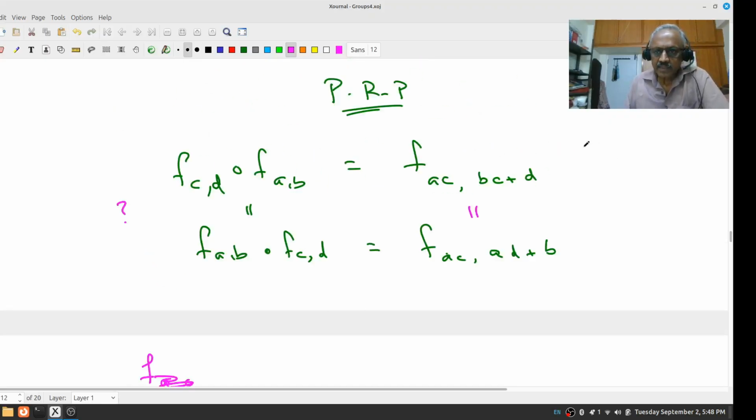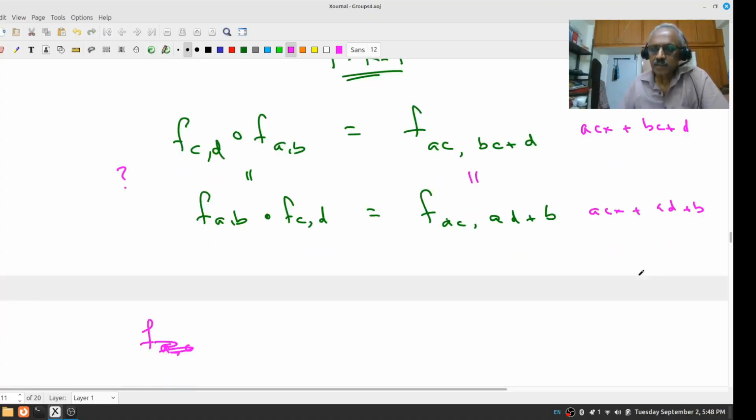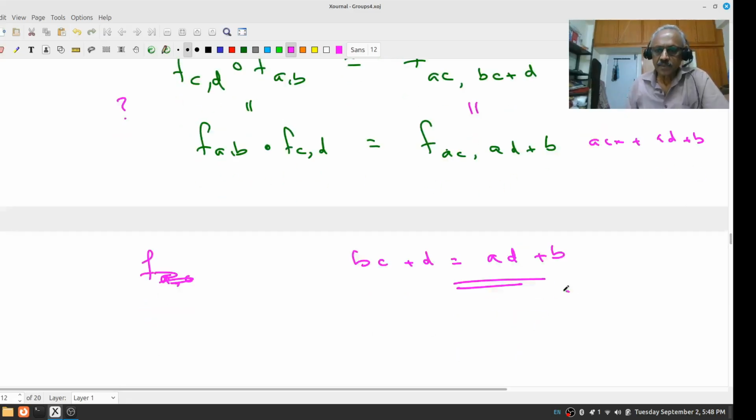At x, the value of this is acx plus bc plus d. At x, this is acx and then ad plus b. So acx and acx are equal. Therefore, I should have bc plus d equal to ad plus b for all choices of a and c non-zero real numbers and b and d. This must be true.